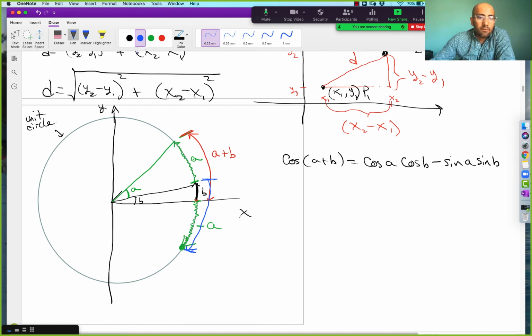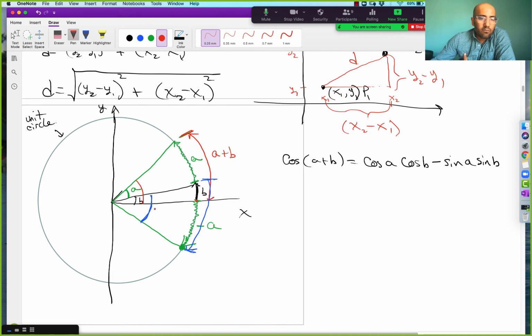I know that the negative is there, but the negative is just indicating a direction. The distance should be the same. So another way of saying the exact same thing would be if I put this there and said that this angle here is exactly the same as this angle here. It has a little b and an a, and this one has a b and an a.